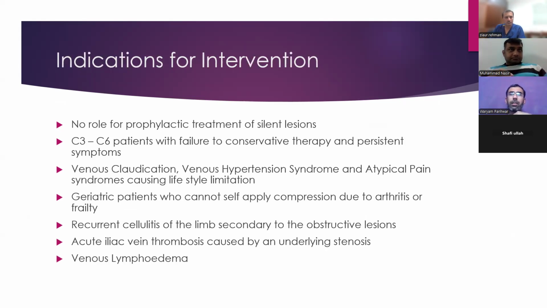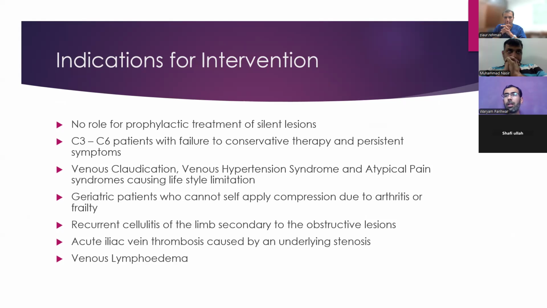Coming to the indications for intervention. When are we going to offer intervention in a patient who has PTS? Obviously the patient who has PTS has some degree of stenosis in different segments of the deep veins. He might have reflux in the deep veins, and he might have reflux in the superficial veins, but there is no role for prophylactic treatment of silent lesions.